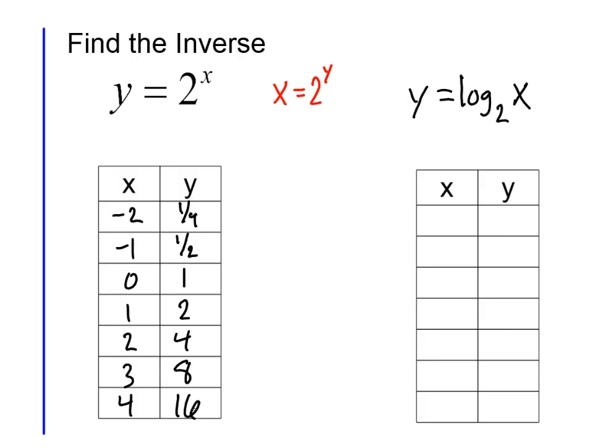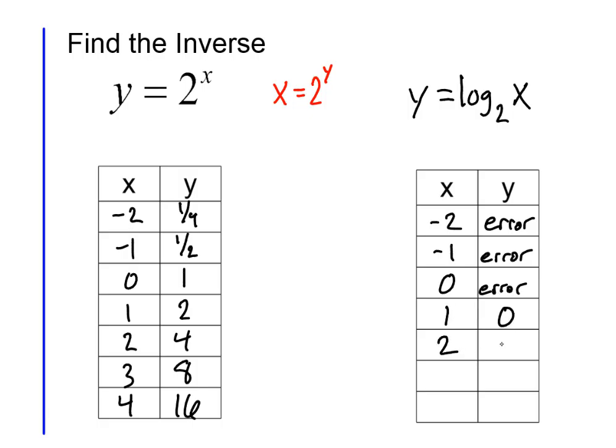Let's try evaluating our log base 2 of x. When I plug in a -2 into our log, I get an error. It is impossible to do a log of a negative number. When I plug in -1, I also get an error. When I plug in 0, I also get an error. When I plug in 1, I get 0.